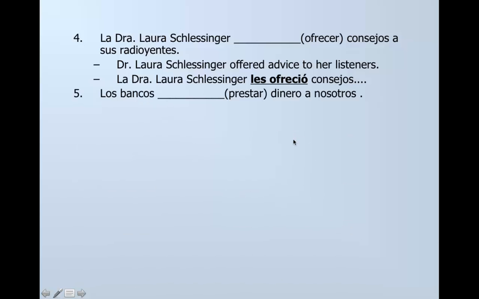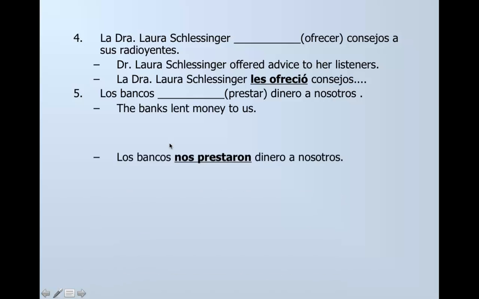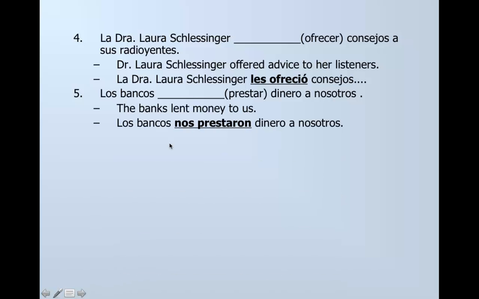Los bancos prestar dinero a nosotros. The banks lent money to us. They lent money to whom? To us, a nosotros. So that would be nos. And then our verb conjugation, who lent? Los bancos. So los bancos nos prestaron dinero a nosotros.